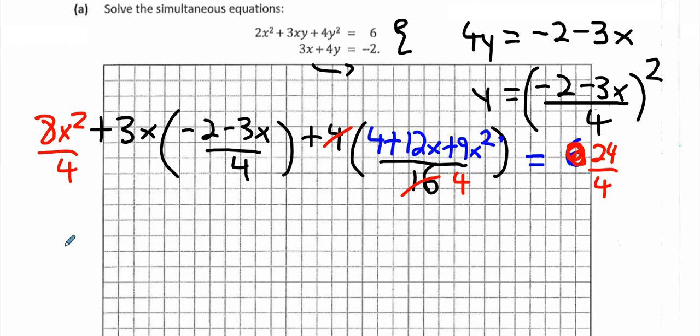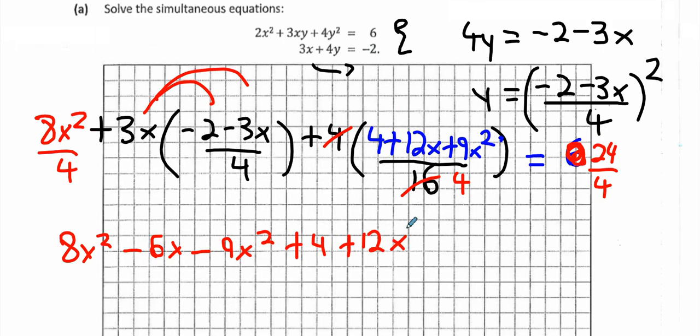Now, I get 8x squared, multiplying by the 3x, I get minus 6x, minus 9x squared. I get 4, 12x, and another 9x squared, yeah? And the minus 24 over this side equals 0.